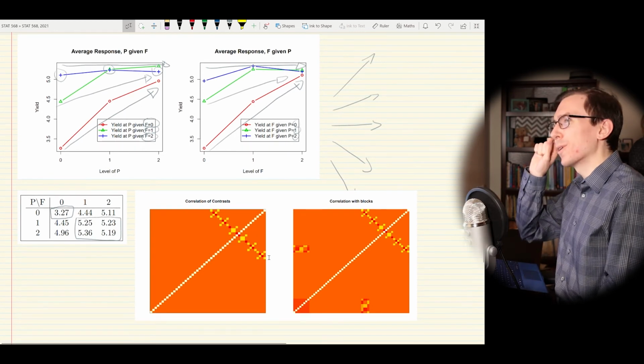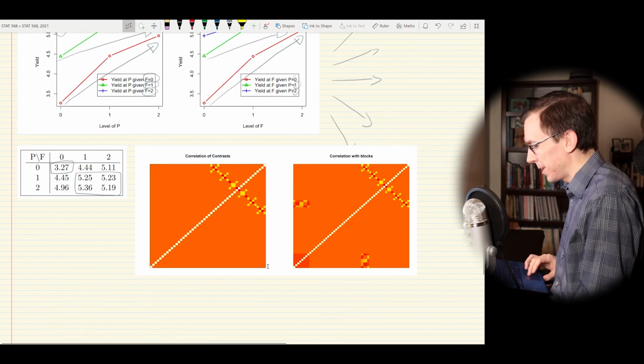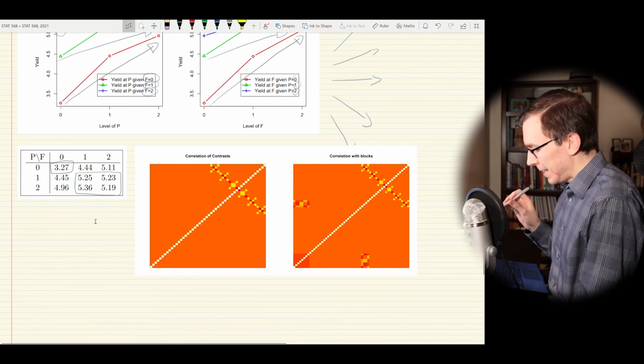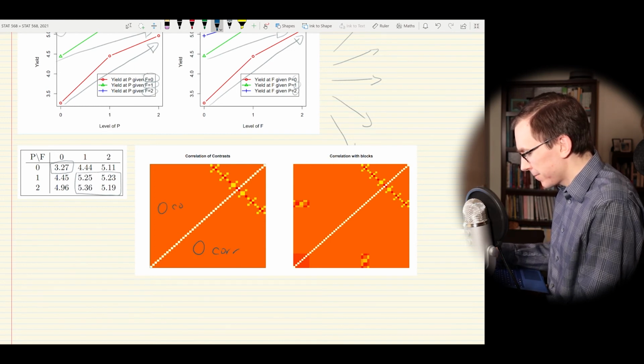We can plot the correlation of the polynomial contrasts, and you get some kind of crazy plot that looks like this. This is actually an image plot, a matrix plot, and it's kind of hard to imagine, but this is all 0 correlation here.